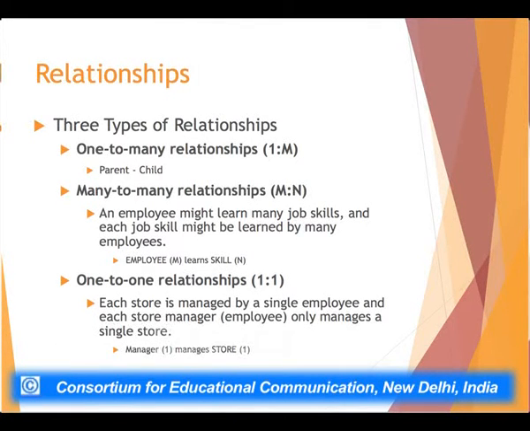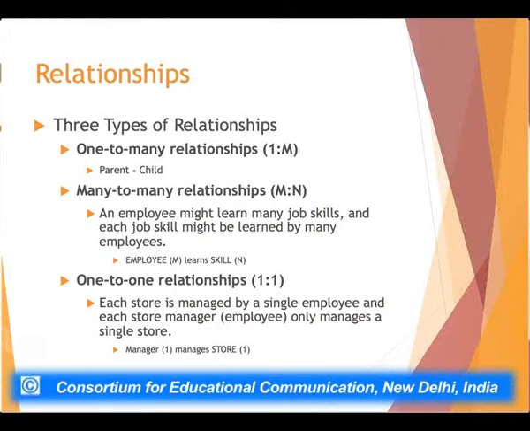All children get associated with the same parent, but the parent can have multiple children. So, one person can have multiple children and each child has a single parent, a single father or mother. This kind of relationship is known as one-to-many relationship or parent-child relationship.